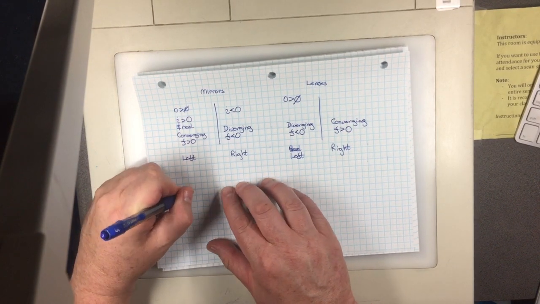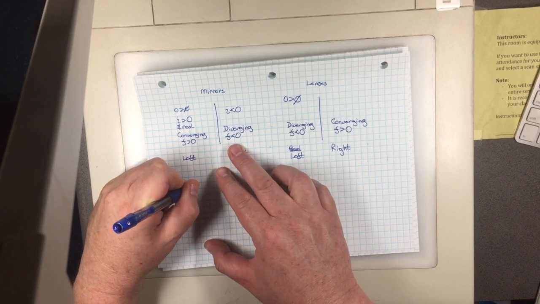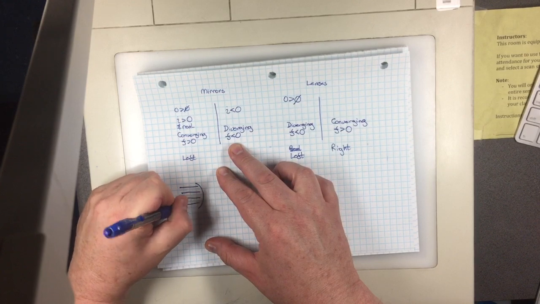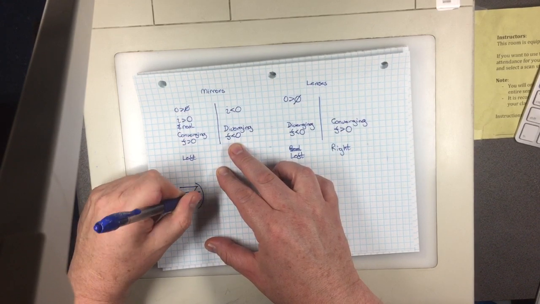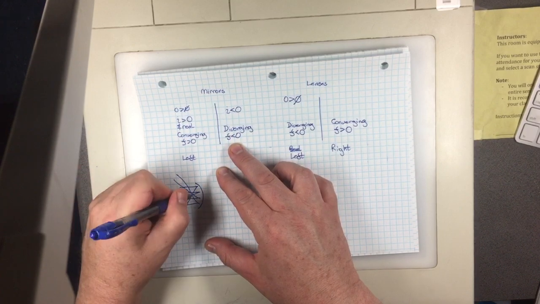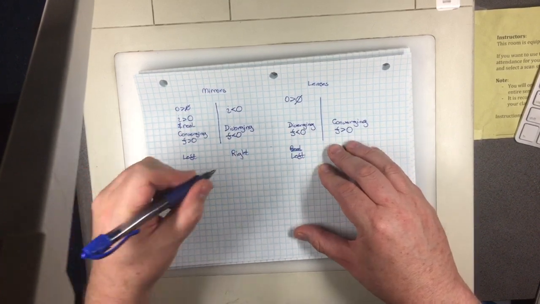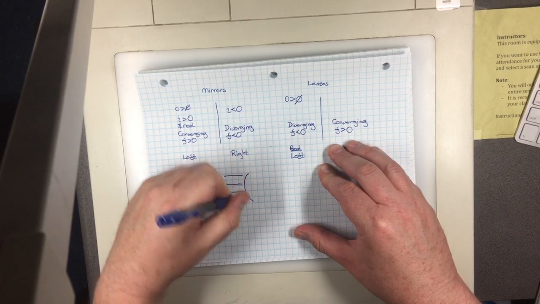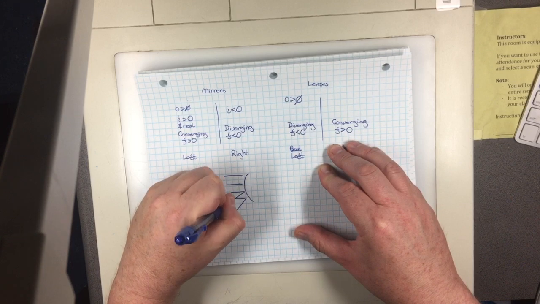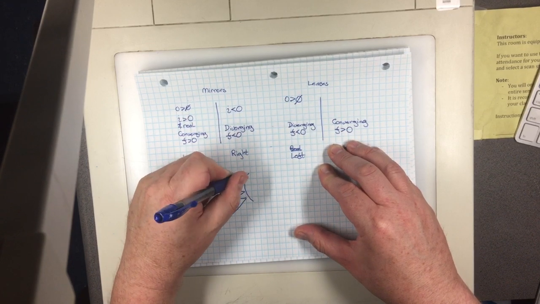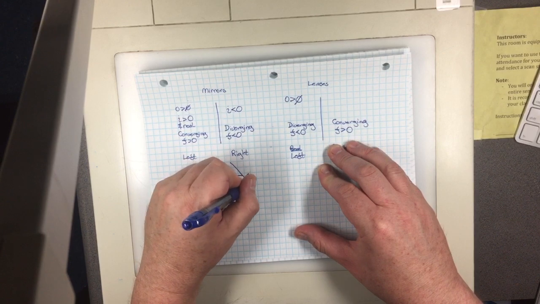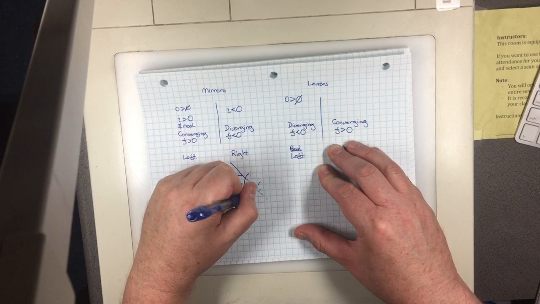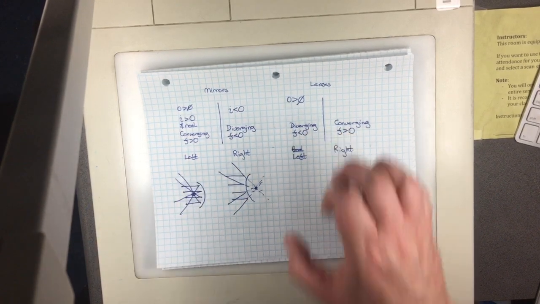So to show the mirrors, converging is like this. The rays all go through one point. For a diverging mirror, they all converge there.